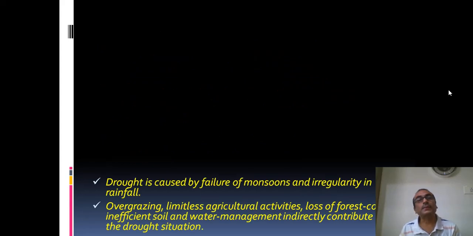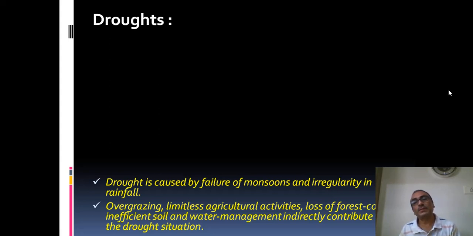Now let us take up drought. As we know, droughts are periods of the year, or sometimes many years, when there is very minimum rainfall, lower than what is actually required. That leads to drought, a hot climatic condition. Agricultural produce also decreases.